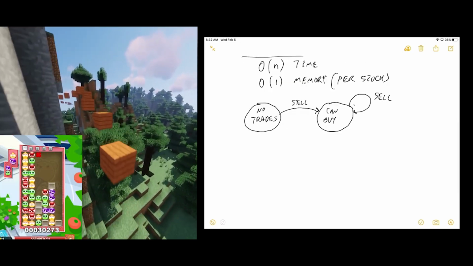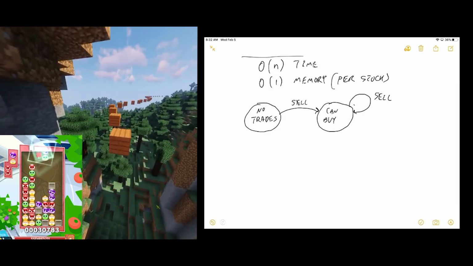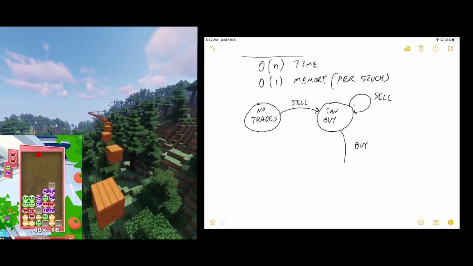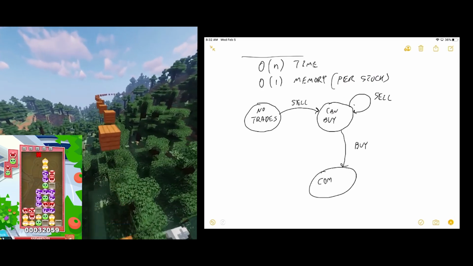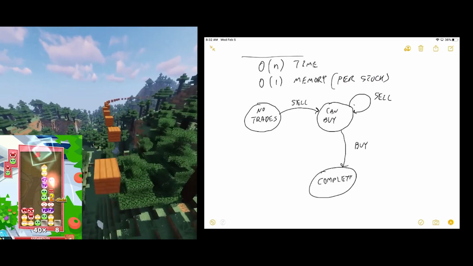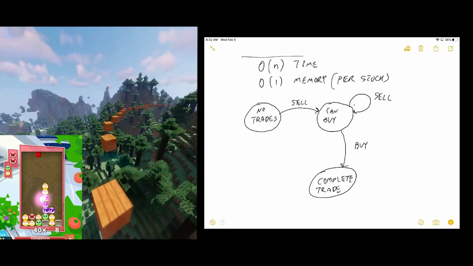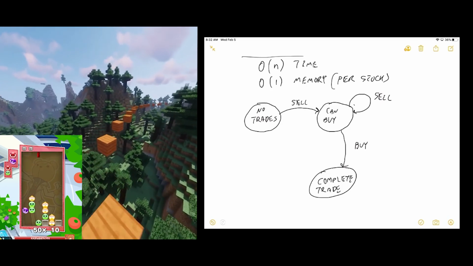What about then if someone shows me a buy order? So if someone shows me a buy order, I might change to a state where I have a complete trade. But is any old buy going to do? If someone said before, I'll sell for 50, okay, we recorded that. Someone says, I'll sell for 40, that's even better.